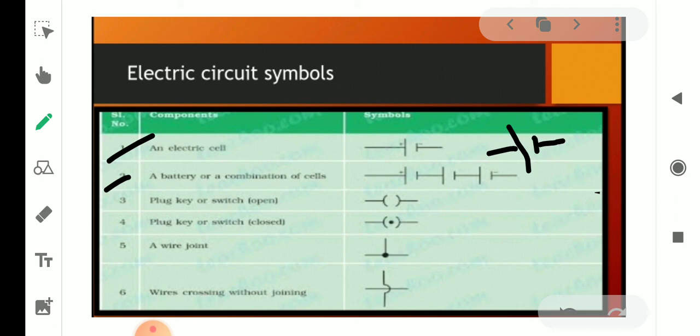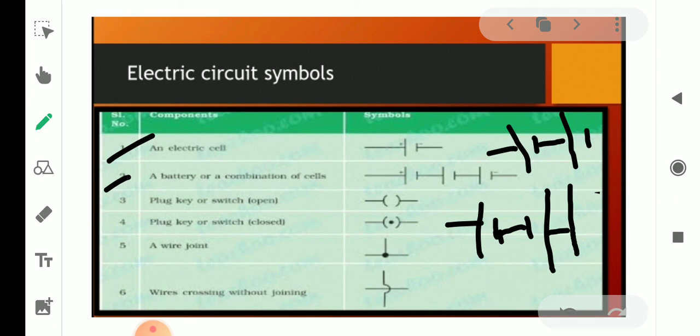The next connection should be positive negative. If you connect it like this, positive negative, negative positive, positive negative, then this is wrong.